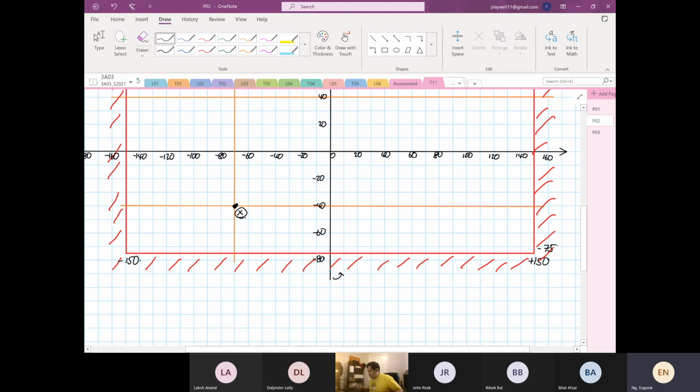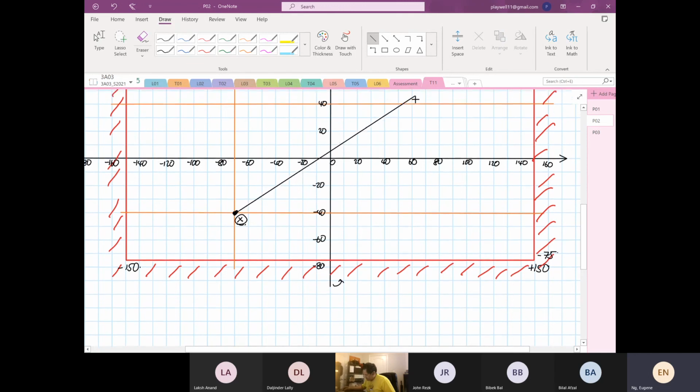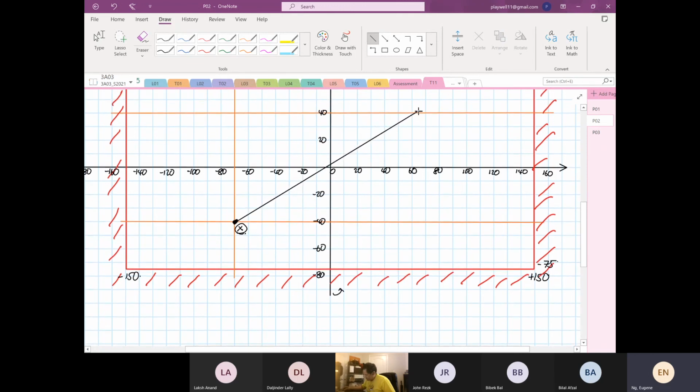We are going to find the other possible value of Y. I'm just going to sketch this out. Y will be basically from point X, somewhere that crosses the positive 40 line.